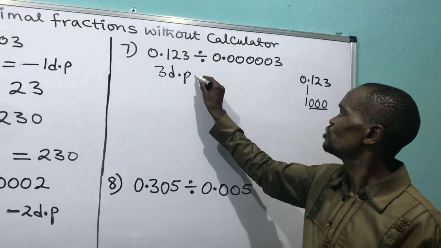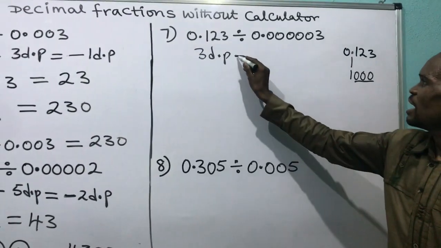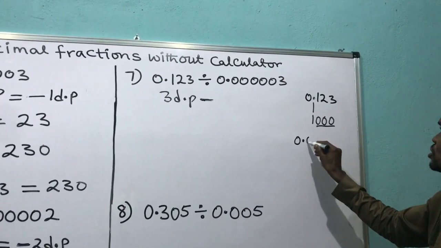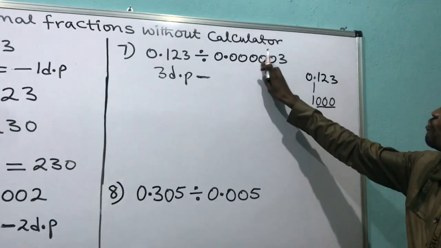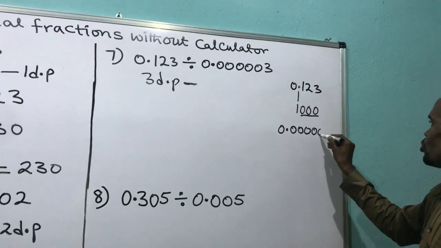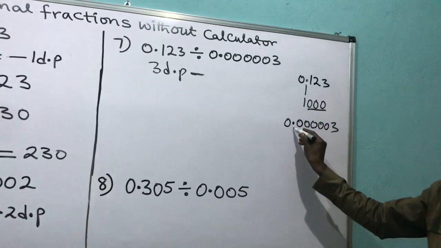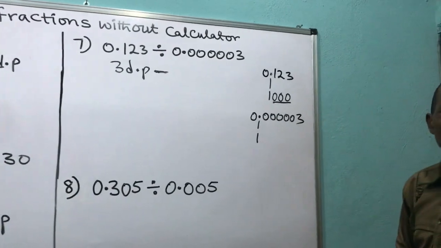And this division is minus. I'm going to check how many decimal places are here. I have 0.000003. How many zeros? 1, 2, 3, 4, 5. Then here now will be 1, and after that other ones will be represented by 0.